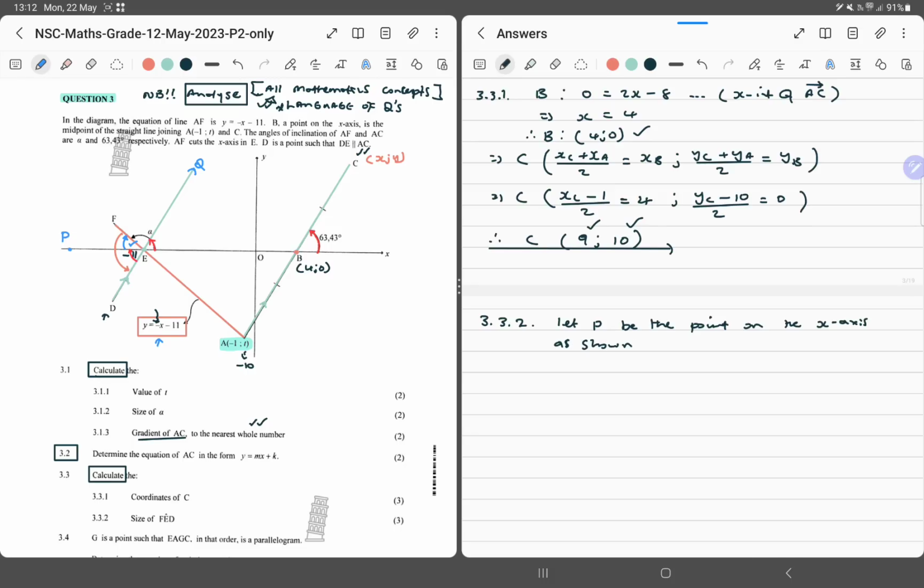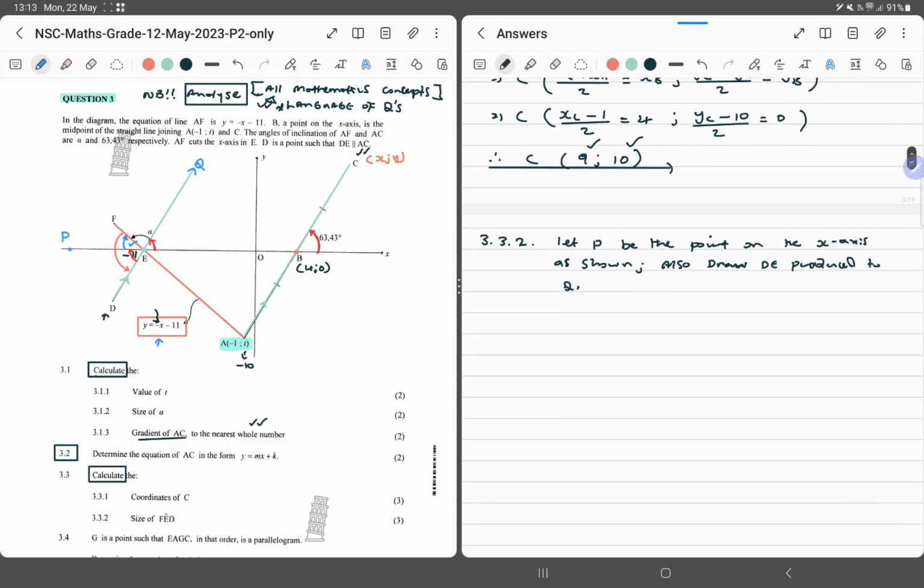Okay, please, you make sure you indicate on your diagram. You can say also, draw DE produced to Q. This conversation is pretty important because you can't do things and we don't see them and we don't understand what you're doing. We have to follow you, right?